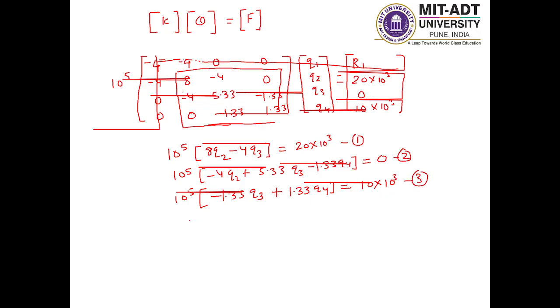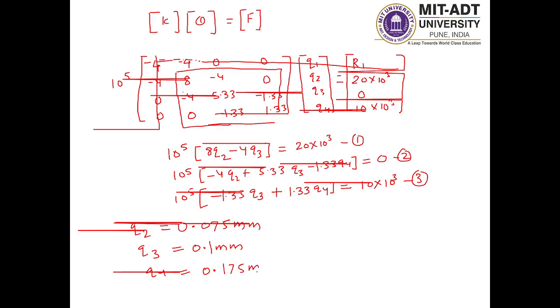Now if you solve these three equations, there are three unknowns and three equations, so we can easily find the values of the unknowns. Q2 can be written as 0.075 mm, Q3 is 0.1 mm, and Q4 finally is 0.175 mm.